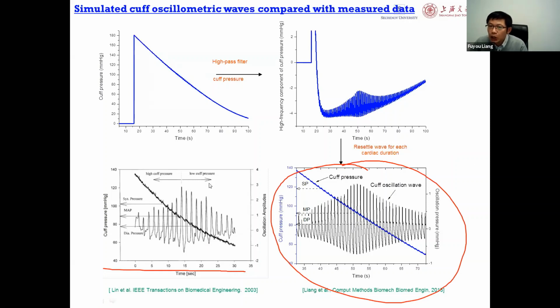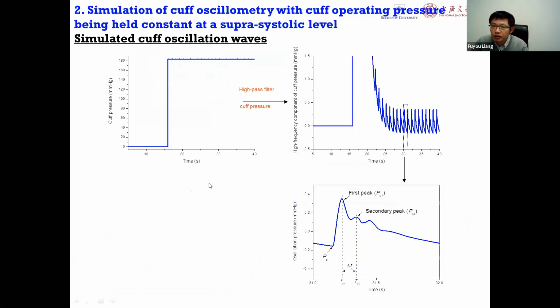And further, we applied our model to simulate the suprasystolic cuff. You can see here that we held the cuff pressure constant at a suprasystolic level. The cuff pressure is much higher, and it's constant.